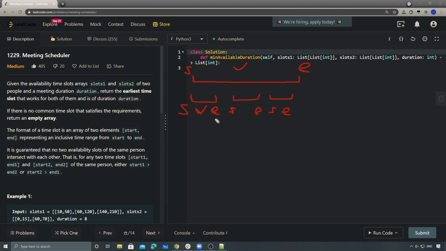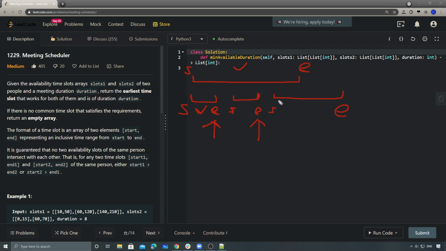So we move the second person forward to the next interval, and then we compare this one with this one, and keep going. Let's say the third one is something like this.